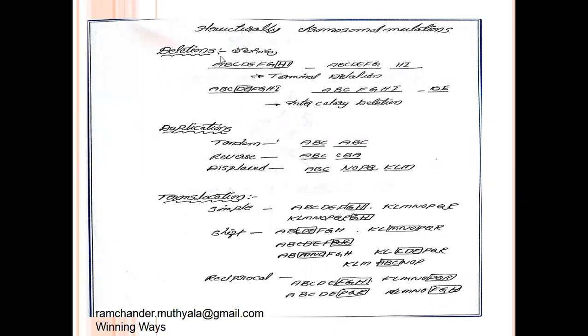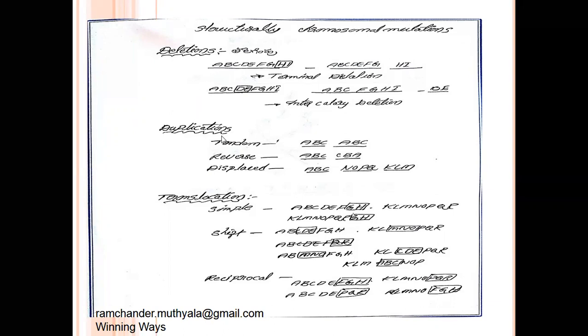By duplication, chromosome size will be increased. And by translocation, chromosome size may be increased or remain the same, but the genetic material will be rearranged on the chromosome.